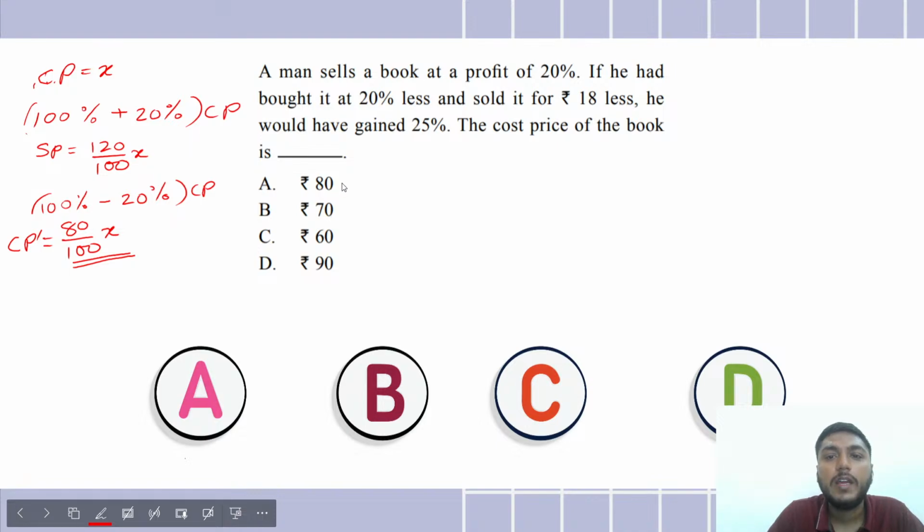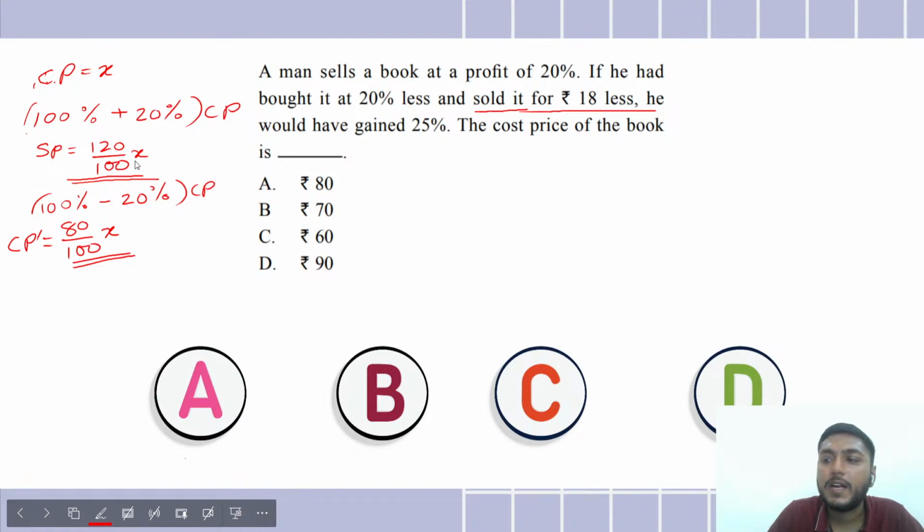And also he has given the condition that he has sold it for rupees 18 less. So the new selling price is 18 rupees less. So what is this new selling price? This new selling price is 120 by 100x, right?